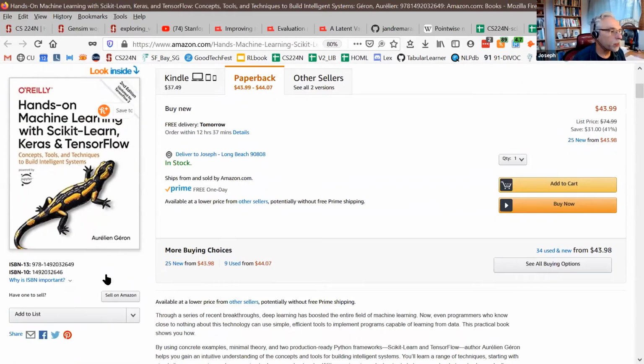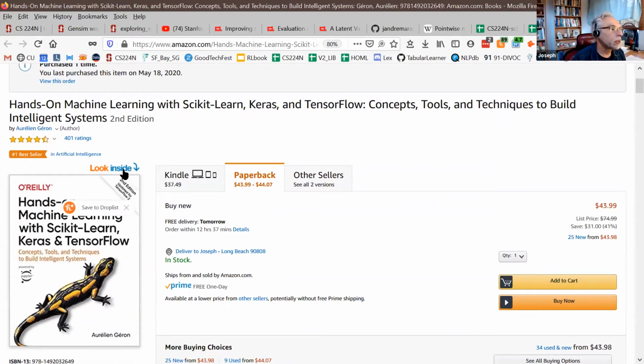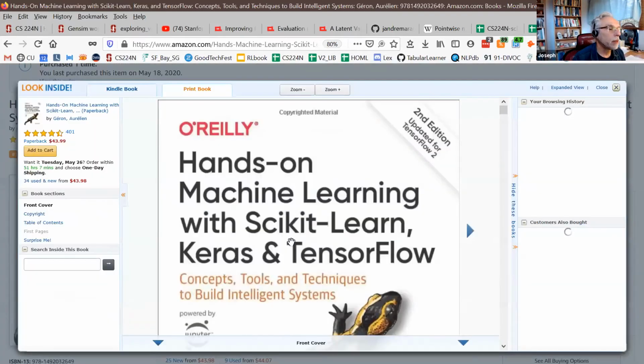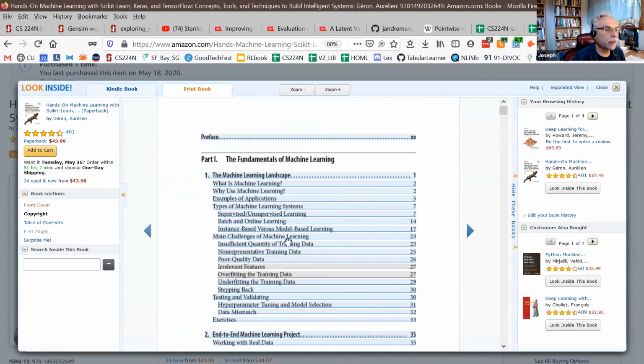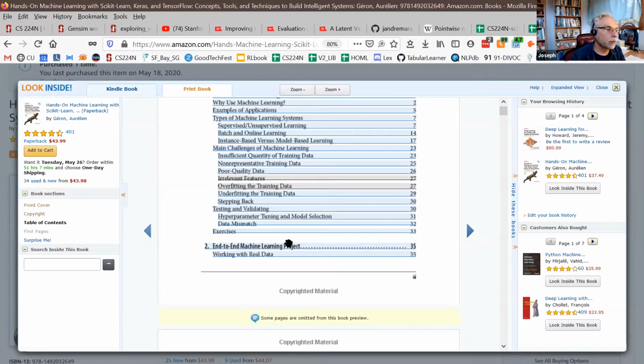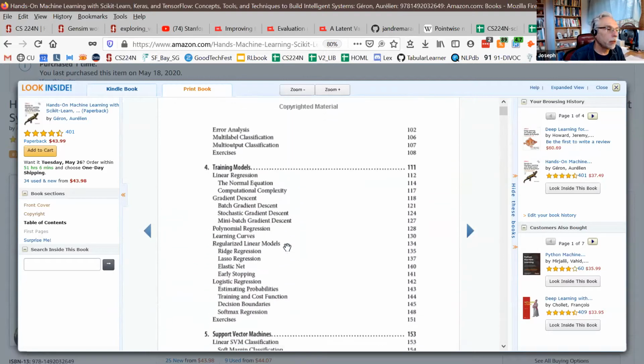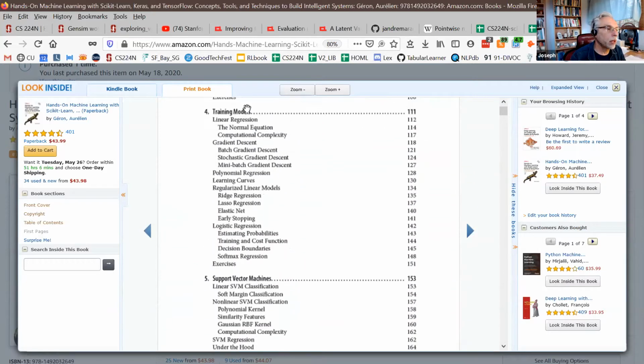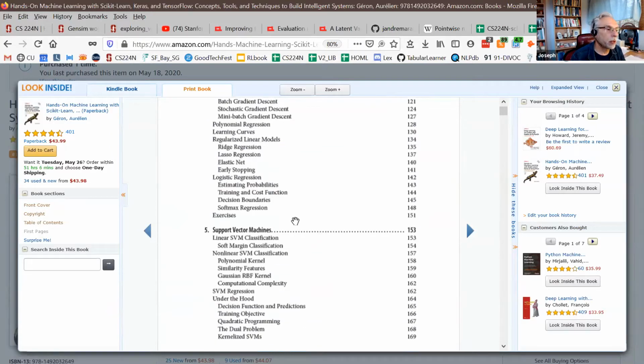I haven't read it, of course, but I've looked at it, and let's just look at the table of contents. This is basically a tour of the state of the art of machine learning as of 2019. It goes through all the classical machine learning techniques: regression, gradient descent, regularization, logistic regression.